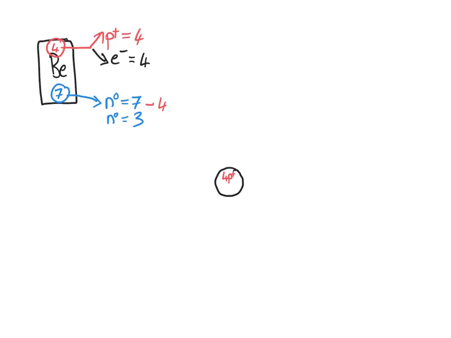We're just going to represent it as 4p plus, not draw the individual circles. And we are going to put in the 3 neutrons, and I'm using different colors as an aid to help you understand what we're doing. But in a test or an exam, you need only use one color. You do not need to use a color code as I'm doing.